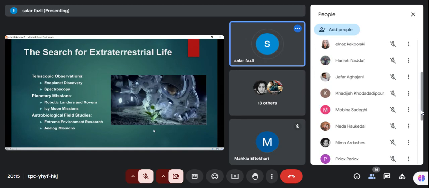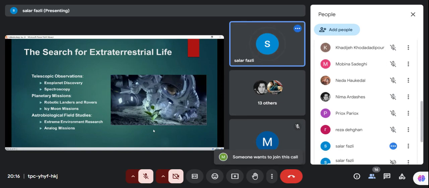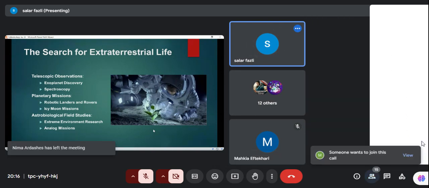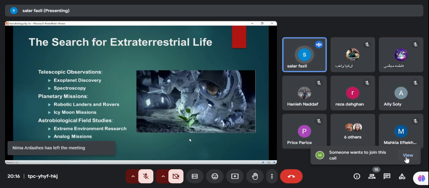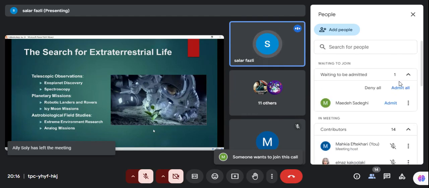The quest to discover extraterrestrial life involves multiple approaches with various methods, technologies, and scientific factors. Key aspects of this research include these topics that I mentioned earlier. We're going to have a little explanation for each of these. First, telescopic observations. It can be both exoplanet discovery or spectroscopy.